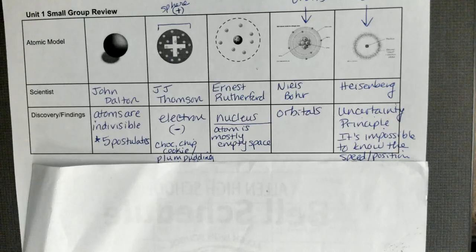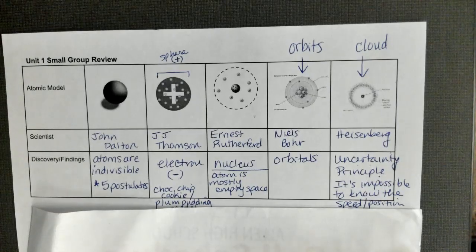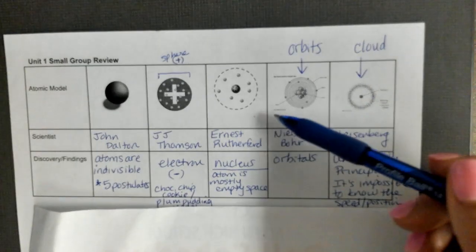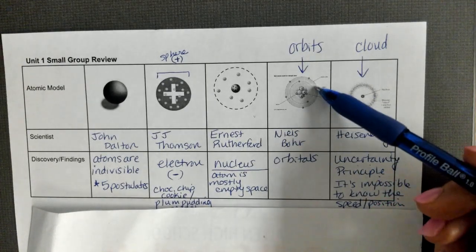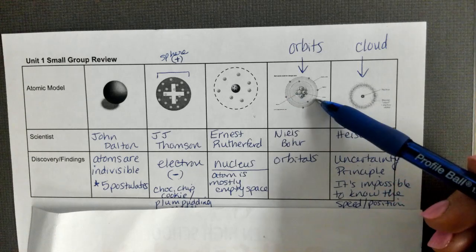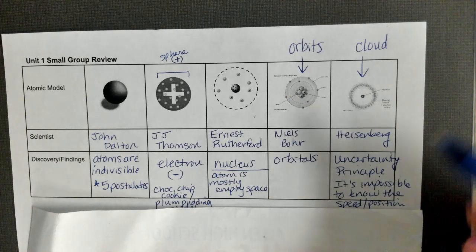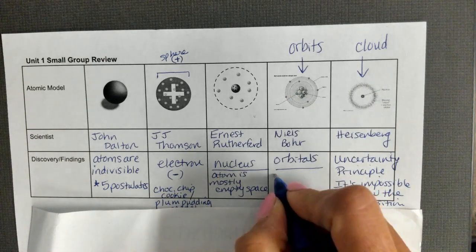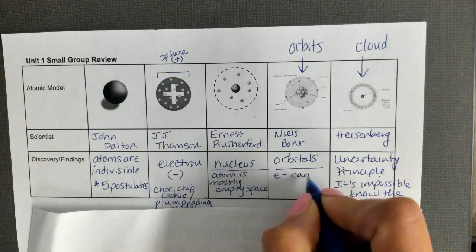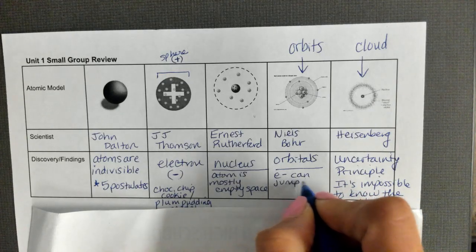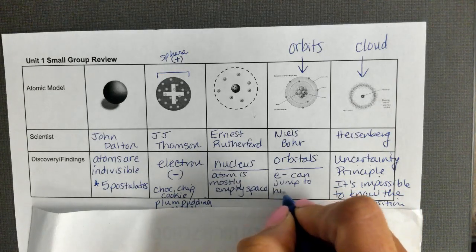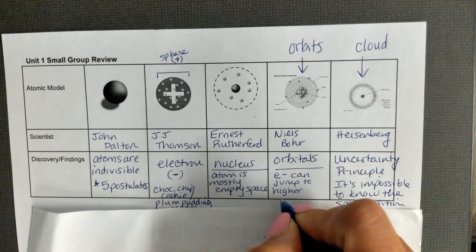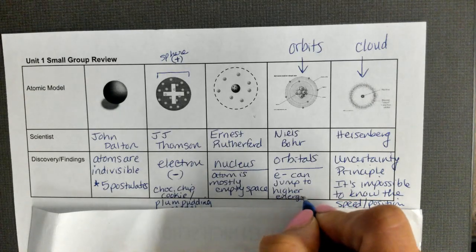After Ernest Rutherford came Niels Bohr. Now, if we look at Niels Bohr, it looks similar to Ernest, except now we've added these orbits or orbitals. So this is where we say that electrons can jump to higher energy levels.